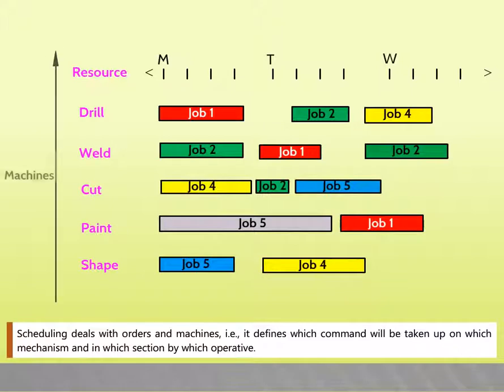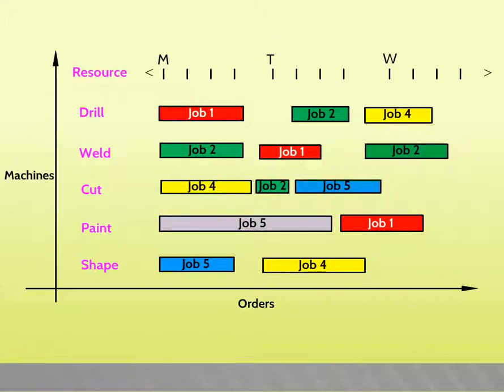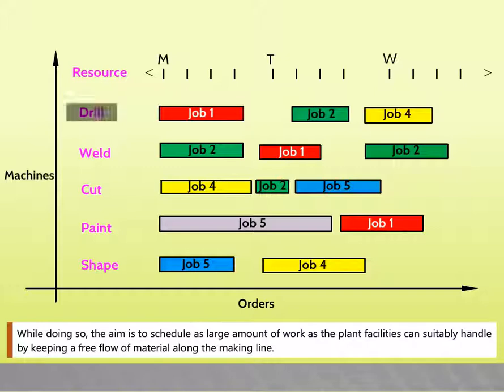That is, it defines which command will be taken up on which mechanism and in which section by which operative. While doing so, the aim is to schedule as large an amount of work as the plant facilities can suitably handle by keeping a free flow of material along the making line.